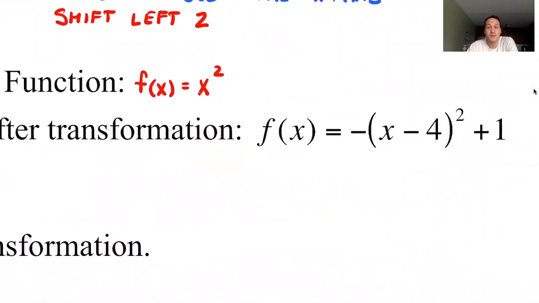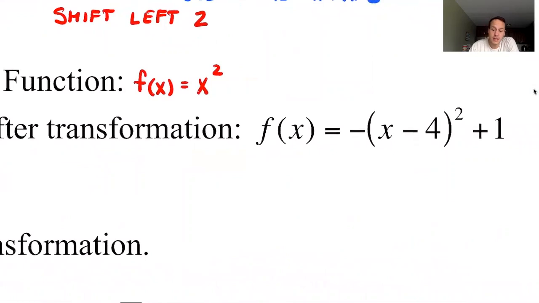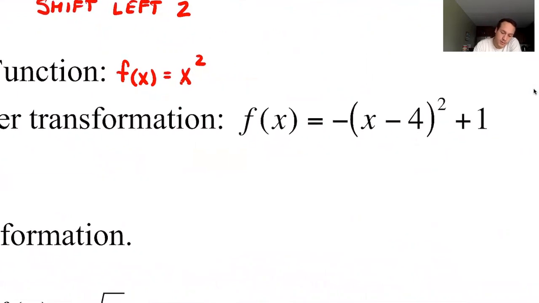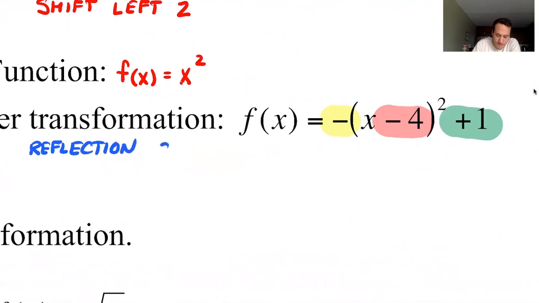Now, I love question 4. Question 4 has everything in it. If you look, I've got a negative on the outside. I've got a negative on the inside. I've got a positive on the outside. There's everything in this one. This is going to be a reflection over the x-axis.